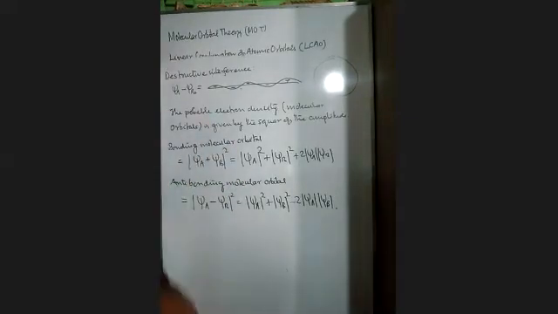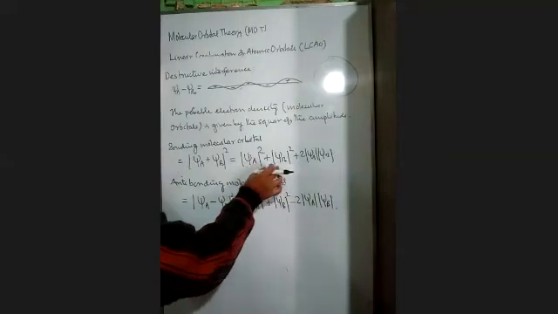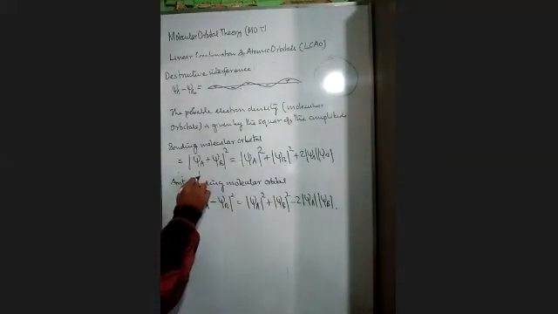Now what is the meaning of this? See here. So here I'm going to write. Therefore, see here, these are the individual atomic orbitals. So what did you find here?